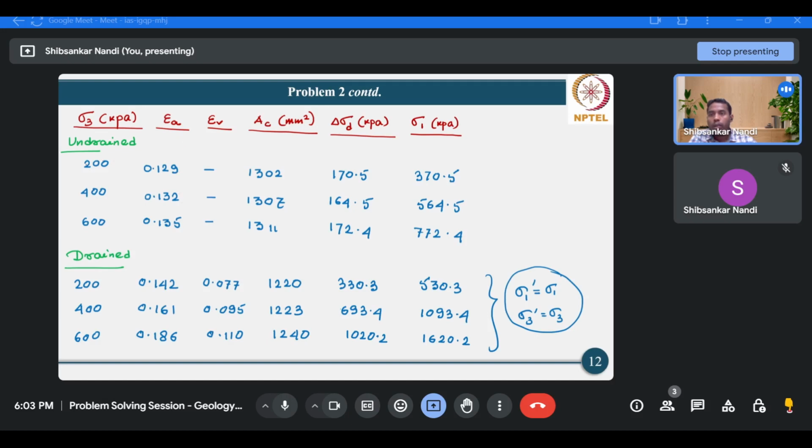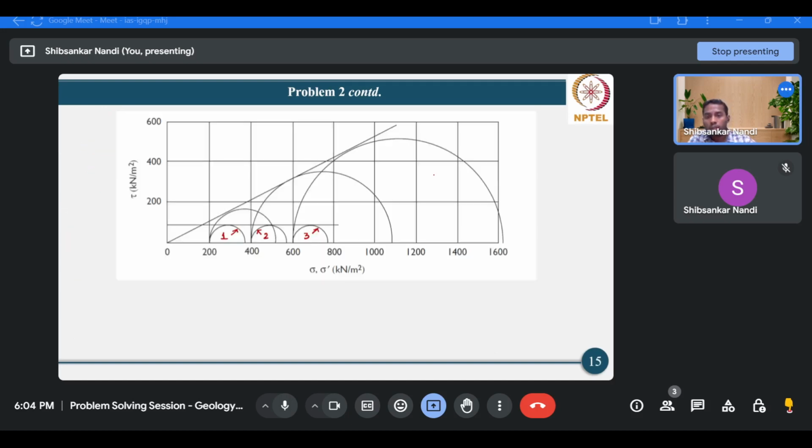That is, for 200, sigma 1 is 370.5; for 400, sigma 1 is 564.5; for 600, sigma 1 is 772.4. So for example, Mohr circle 1: 200 is the minor principal stress, and approximately 370.5 is the major principal stress.